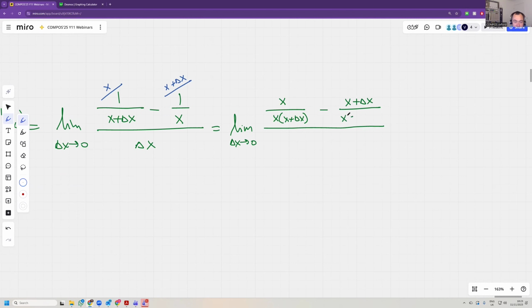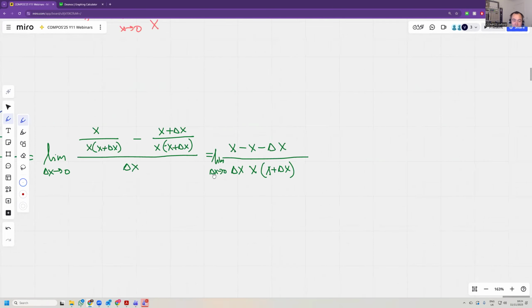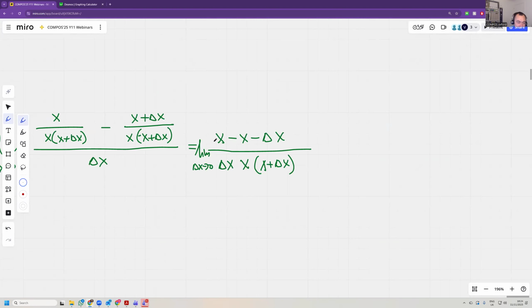I simplify this and I drop this down. So I add the numerators: x minus x minus delta x, all over x times x plus delta x, the limit as delta x tends to 0. Now you can see that x minus x cancel.